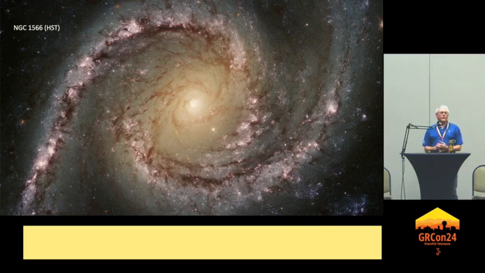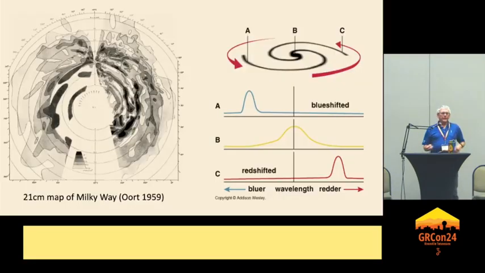And that's where radio astronomy comes in, because you can probe the depths of our galaxy, you can look at the dynamics of our galaxy, and from that you can get an understanding of the structure. And that's what was done back in the 50s, initially. This is an early map of the structure of our Milky Way.